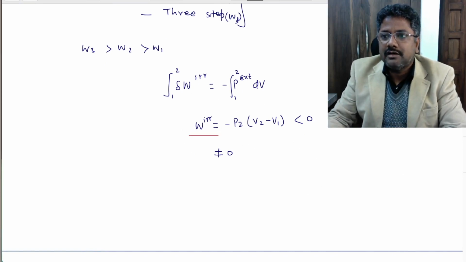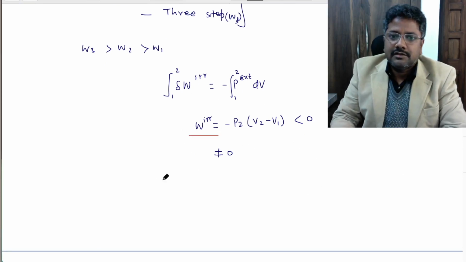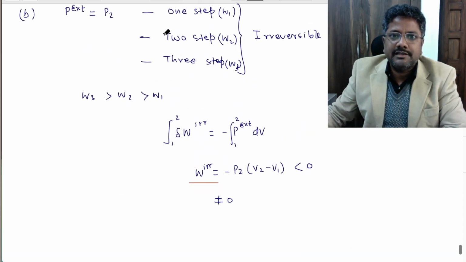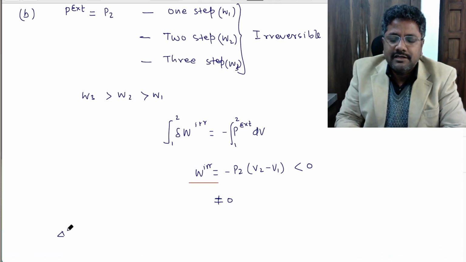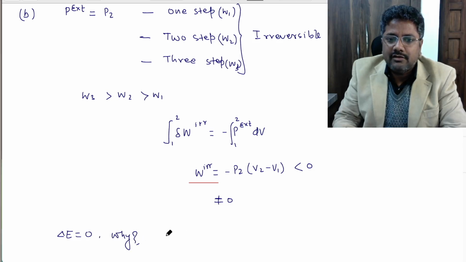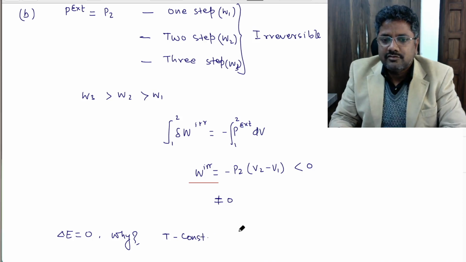Okay. Now, what about delta E in this process? Delta E is equal to 0. Why is delta E equal to 0? Because T is constant, so delta T is equal to 0.